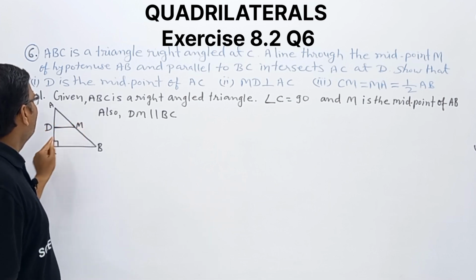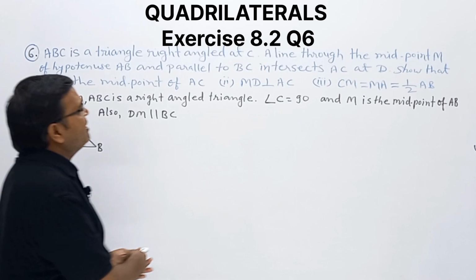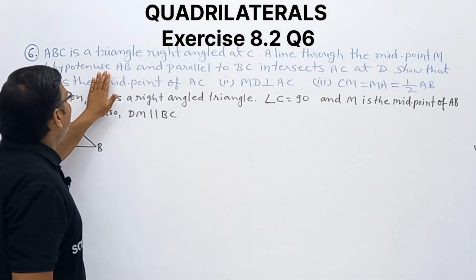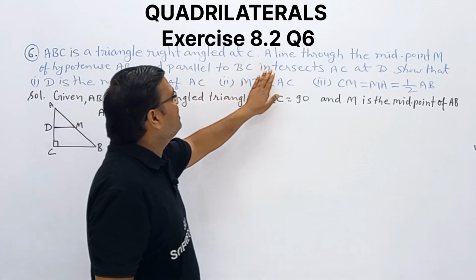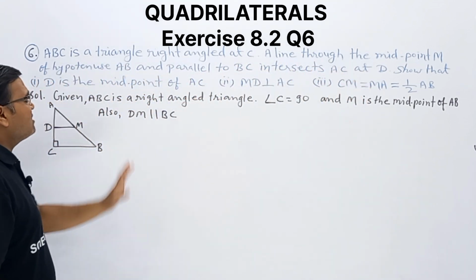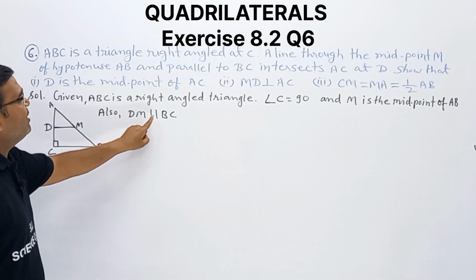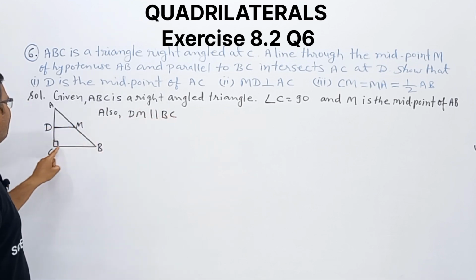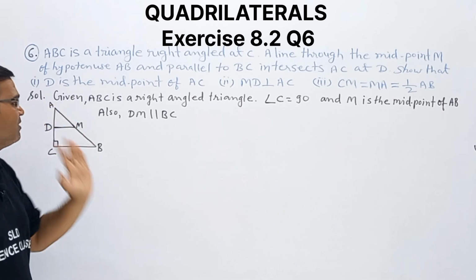Clear? From this sentence, what can we say? DM is parallel to BC. From the sentence, a line through the midpoint M of hypotenuse AB and parallel to BC intersects AC at D, we can say DM is parallel to BC. This thing we are having in the question.